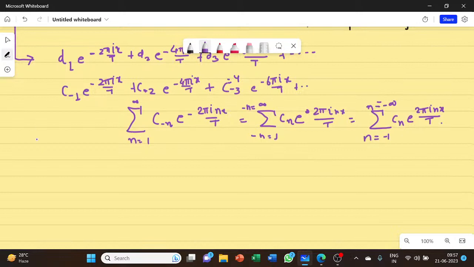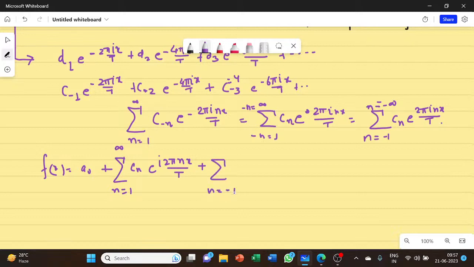Now you see there is another term that is going on. So f(x) is equal to a naught plus summation c n e to the power iota 2 pi n x upon t, n equals 1 to infinity, and then you have another term, summation n equals minus 1 to minus infinity c n e to the power iota 2 pi n x upon t. Don't get confused with c n. c n is just a constant.